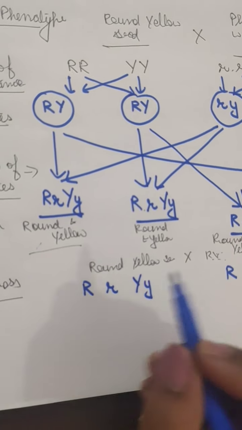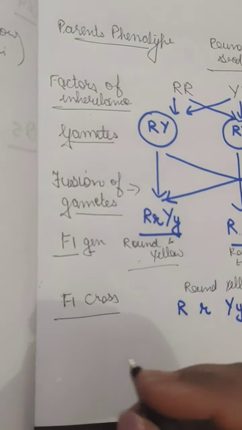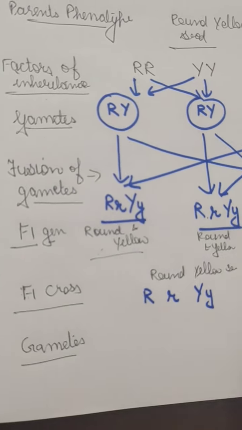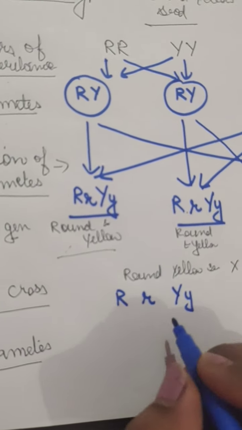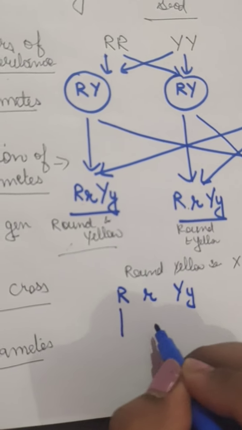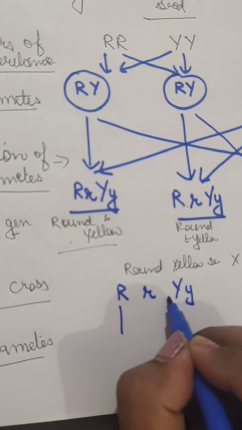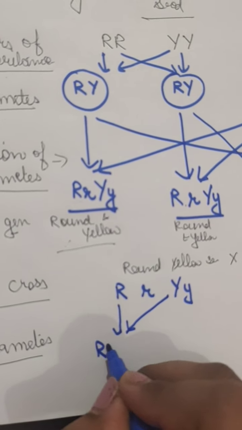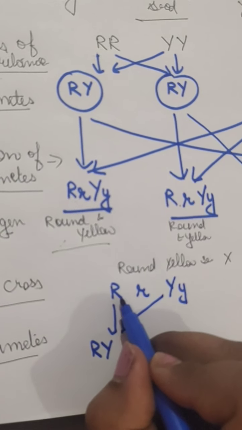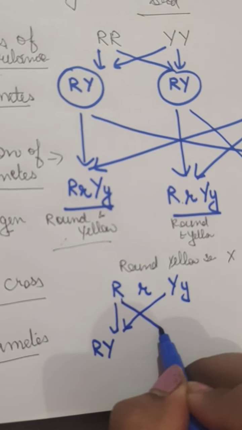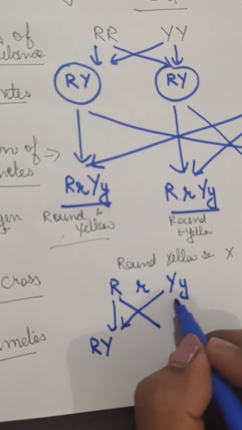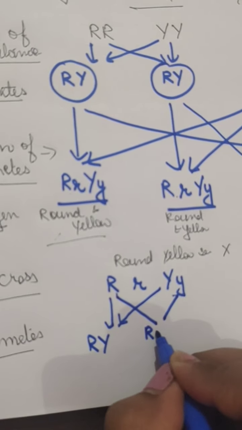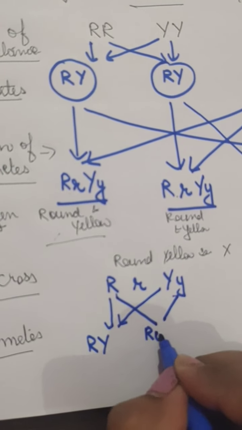So again, it will produce gametes. The gametes production will be this: R will be linked with this Y first. It will produce capital R and Y. Then this R will be linked with this small y. It will be capital R and small y.